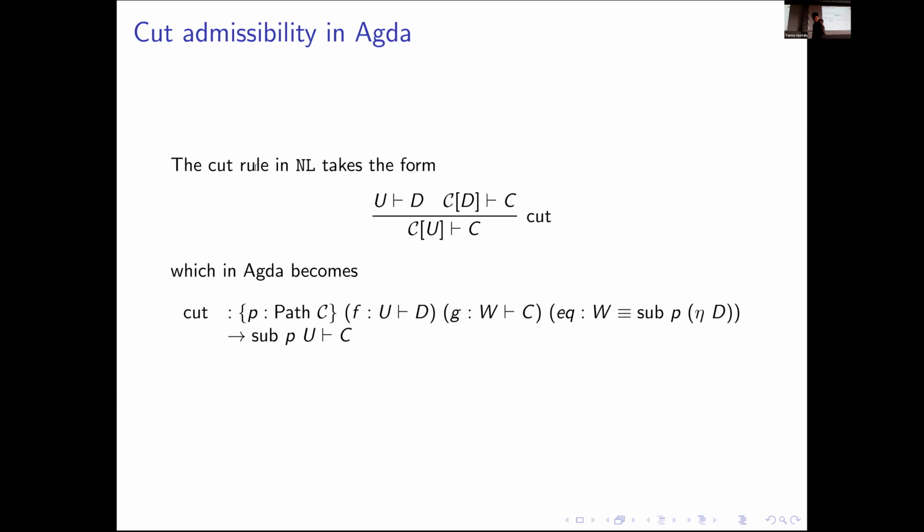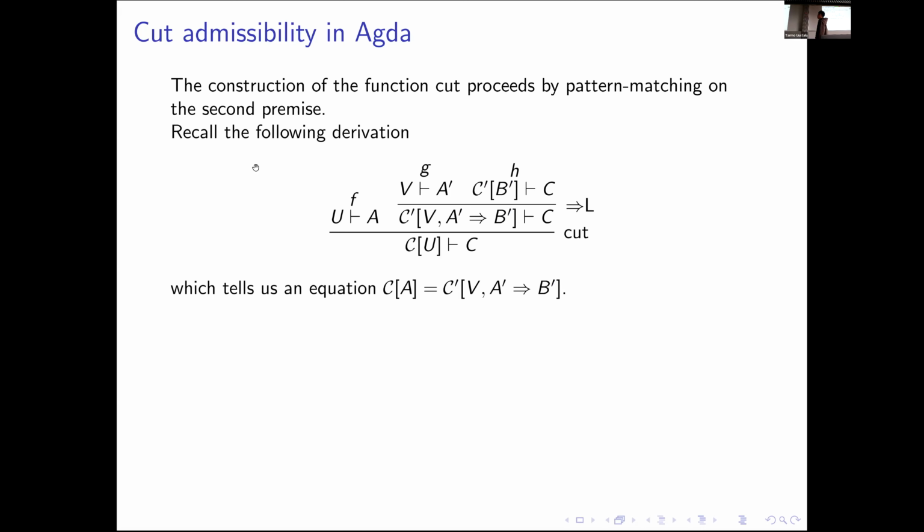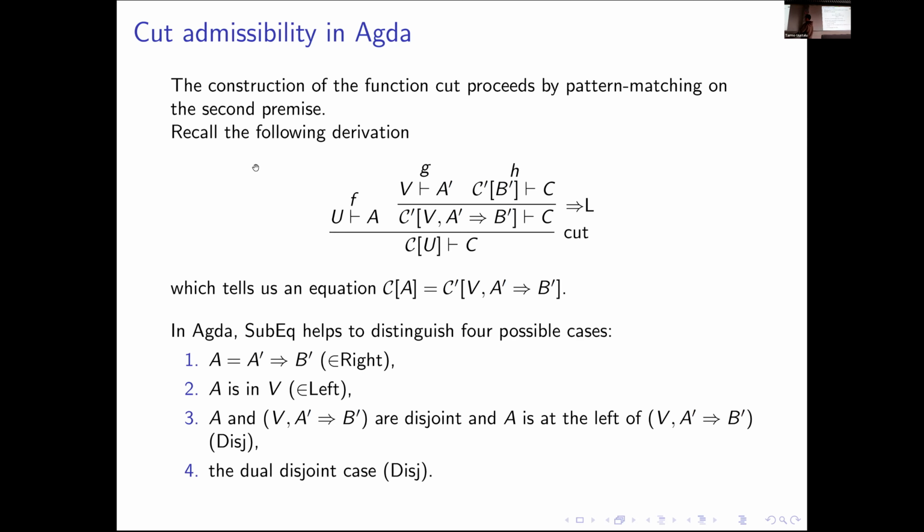As we expect, the function Cut proceeds by pattern matching on the second premise, and we can recall this example again, which tells us this equation of two substituted trees, and then we can use the sub-X type, which will tell us four possibilities.